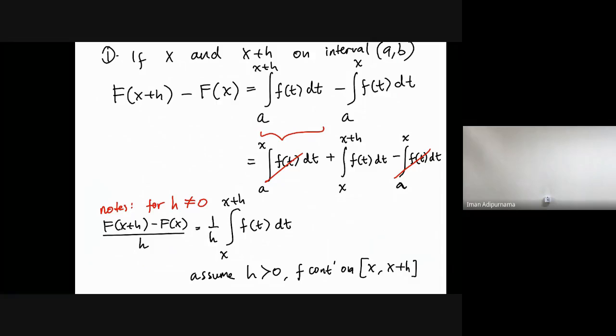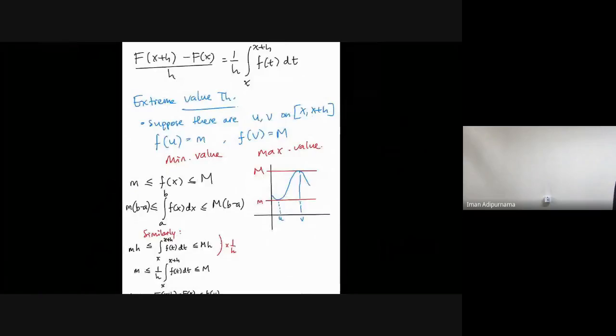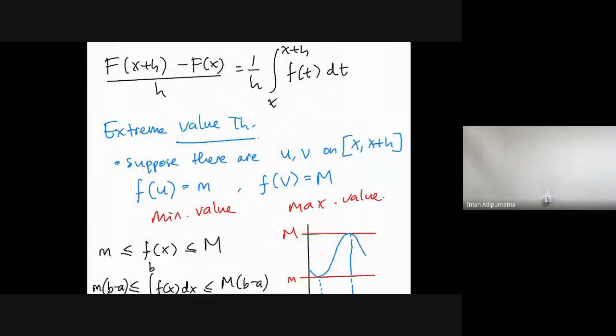It's continuous on x to x plus h. And we get these expressions, and then looking at the extreme value theorem, it's in chapter 4 actually. It's Rolle's theorem. There will be a max and minimum value on a continuous function.